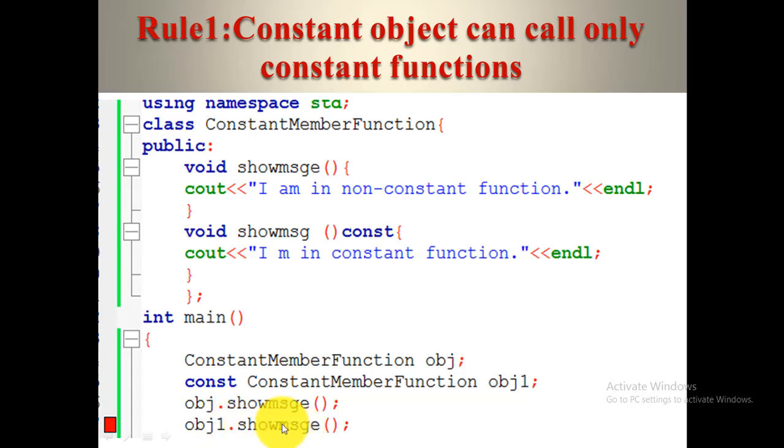Show message, that is a simple function. So an error will generate. Why? Because a constant object can call only a constant function.